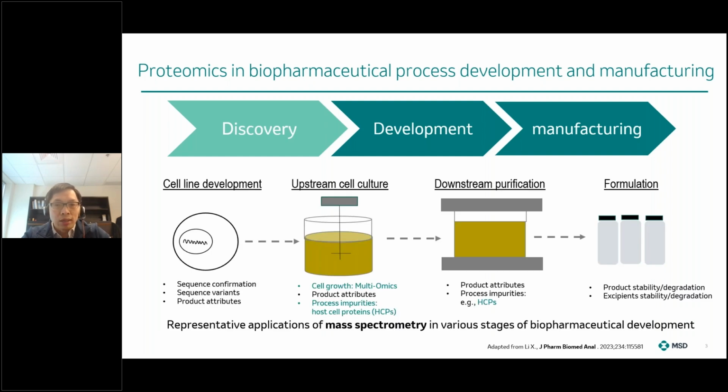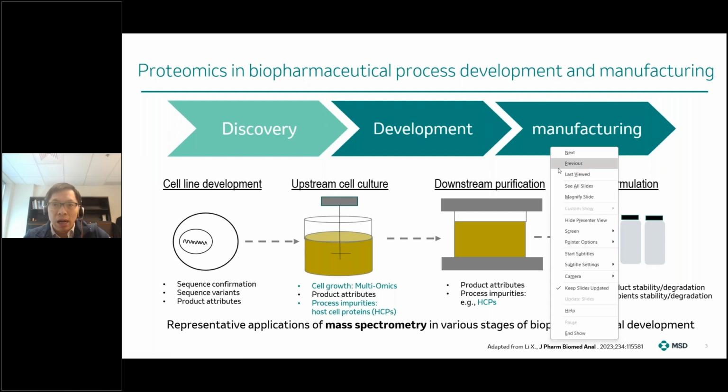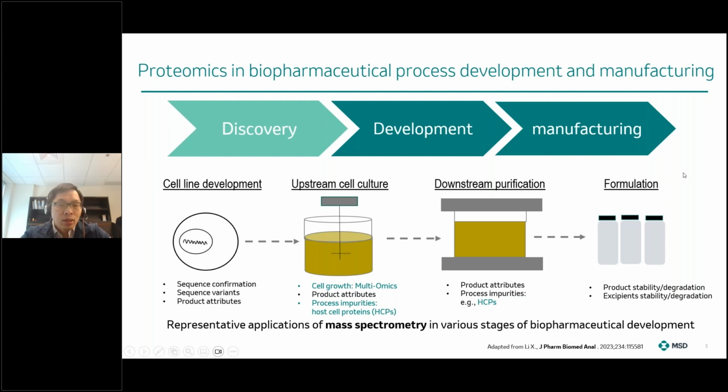So here illustrated the typical process to make a biopharmaceutic, including cell line development, upstream cell culture, downstream purification, and also formulation development. In this slide, we outlined several mass spec applications to check the pharmaceutical quality, and also some process or excipient quality as well.